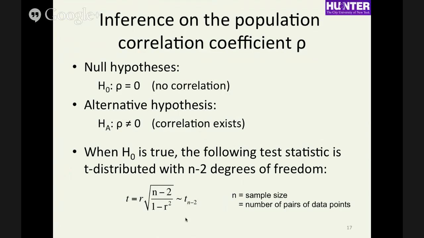And like we expected, as n gets larger, t grows. It gets larger, so it's more likely to exceed your critical value. You're more likely to reject the null hypothesis for the same value of r.